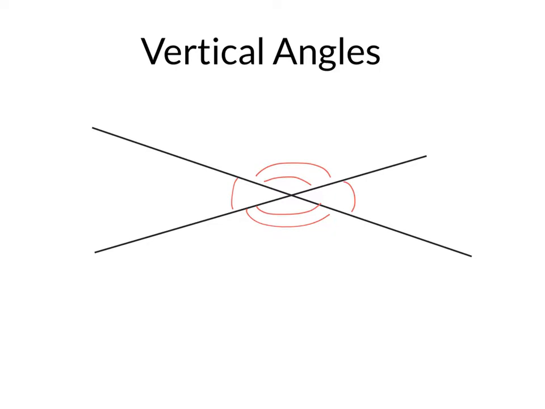The pairs, not all four, but the pairs across from each other, are congruent. Identifying them is one thing, but the theorem that all vertical angles are congruent, that's the powerful part. Again, these two are congruent, and these two are congruent.